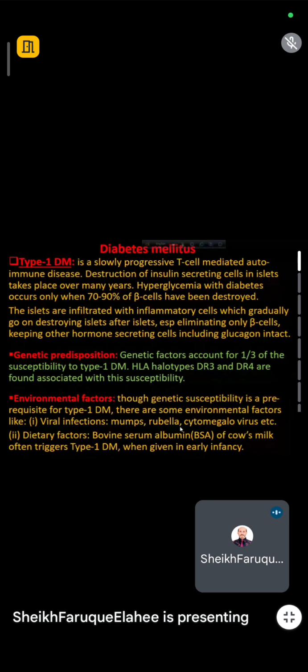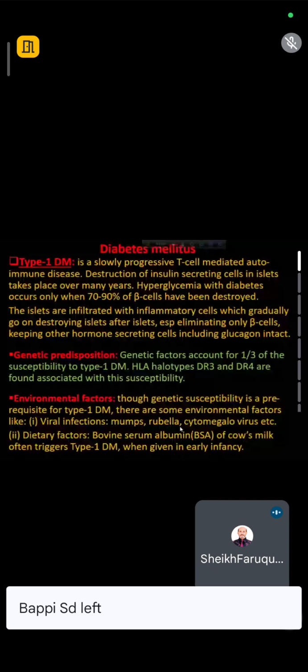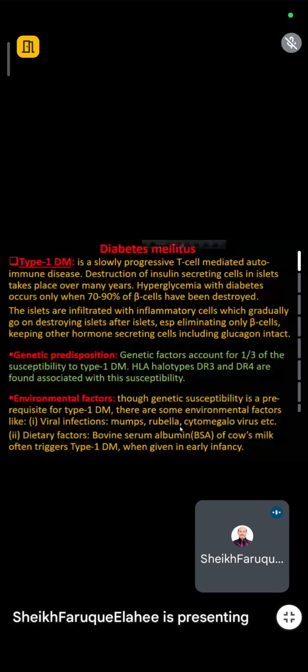So take care: in your child's early infancy, don't give undiluted cow's milk for a longer time. So these are environmental factors for type 1 diabetes: some viral infection and consuming undiluted cow's milk for a longer time.